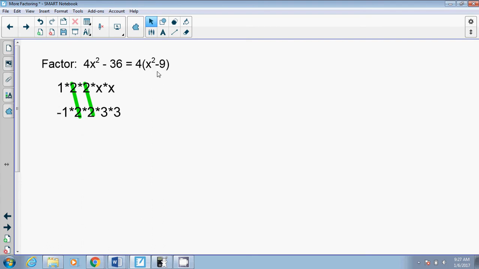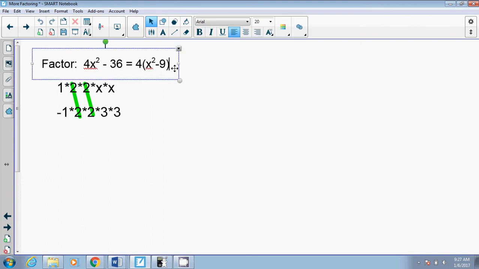Hopefully when you look at this, you see that there's no x value. So I'm going to put in plus 0x. And then I have my minus 9.